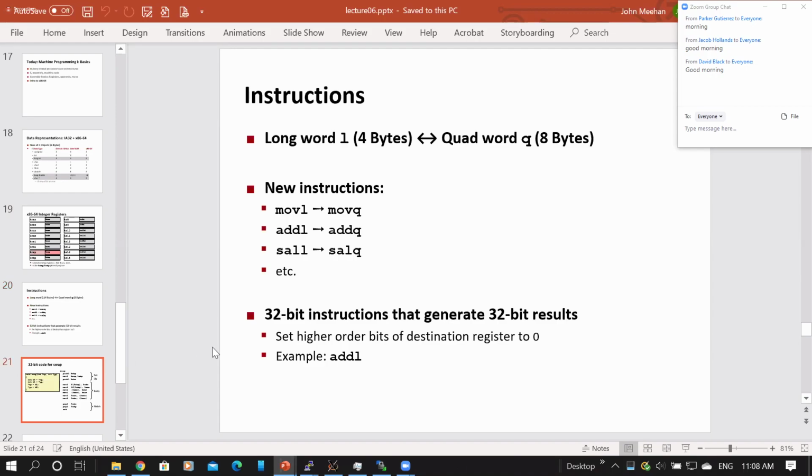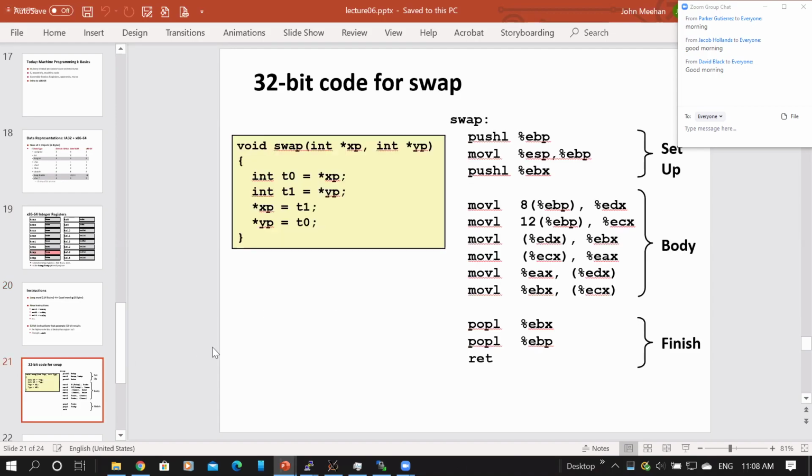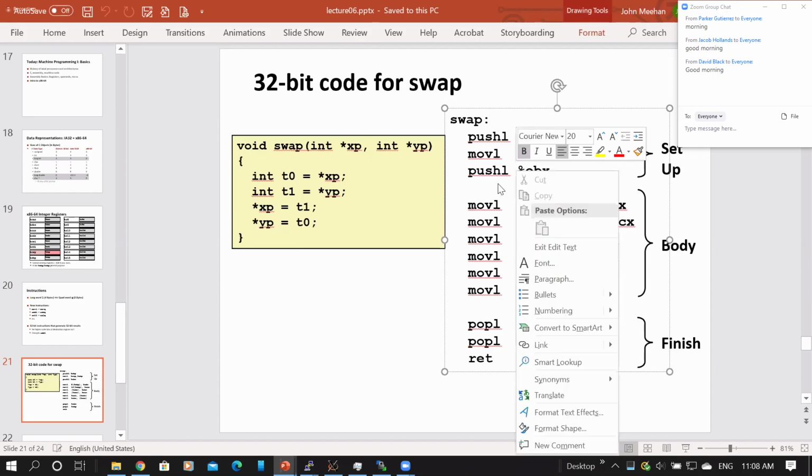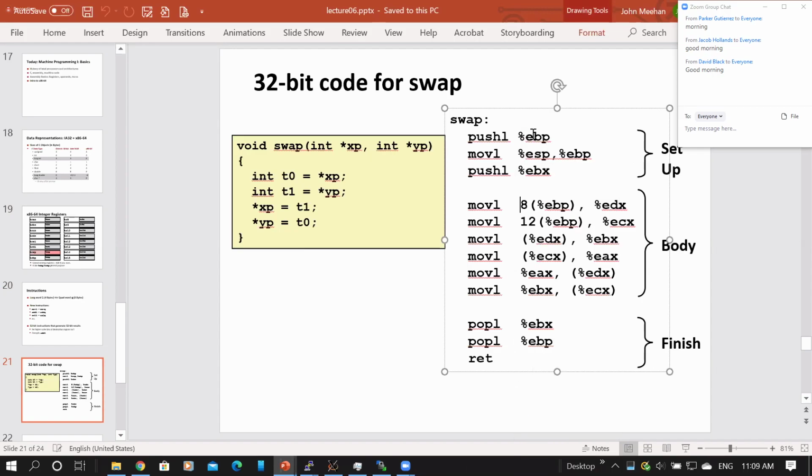So let's look at our swap code that we were looking at on the 32-bit calling conventions. We had the business where we were reaching back up the stack here to get the parameters that were being passed in. We went 8 back. You had to jump over the return address that's sitting on the stack and the saved base pointer that we saved up here, BP.